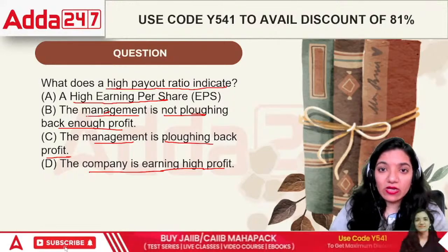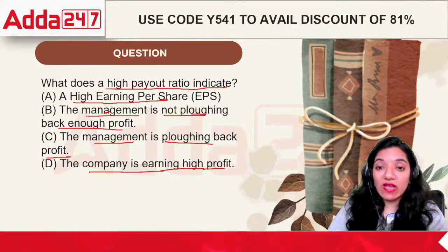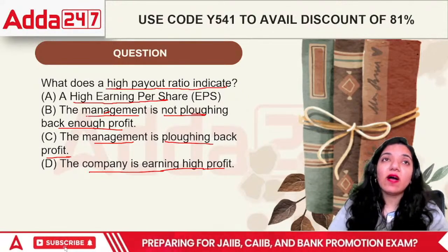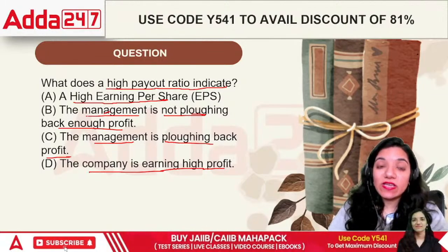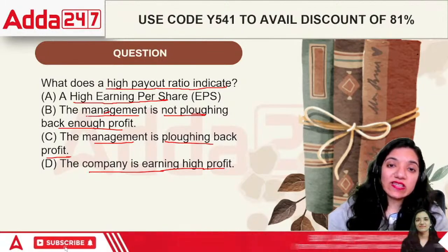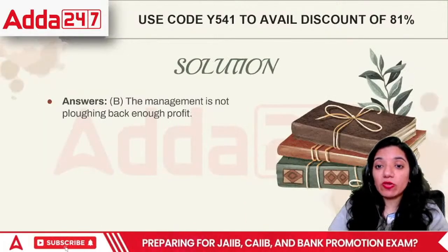They might be earning good, number one. Then there can be a situation where the organization is giving all the money to the people based upon dividend. So in this case, the correct answer would be that the management is not plowing back the profits.